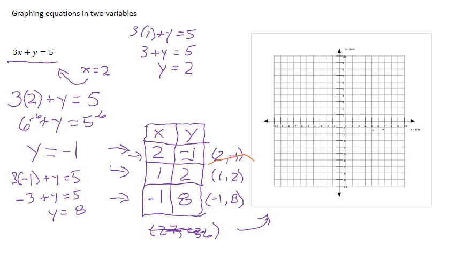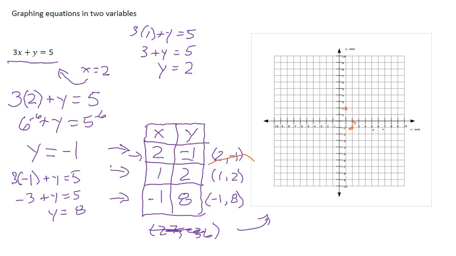So the first number I'm going to plot is going to be positive 2 in the X direction, which will occur right about here, and down to negative 1 in the Y direction. So that locates me a point right about here, this intersection here. And my second point is positive 1 in the X direction, which is about here, and up to positive 2 in the Y direction, leaves us a point there.